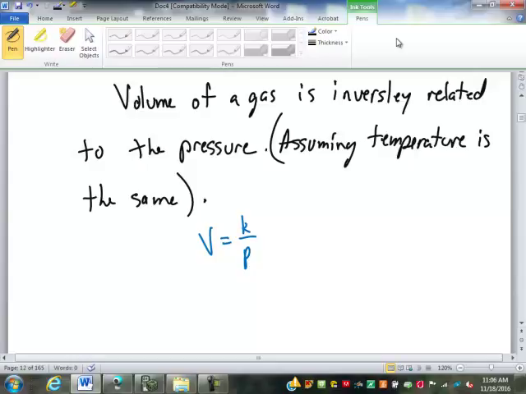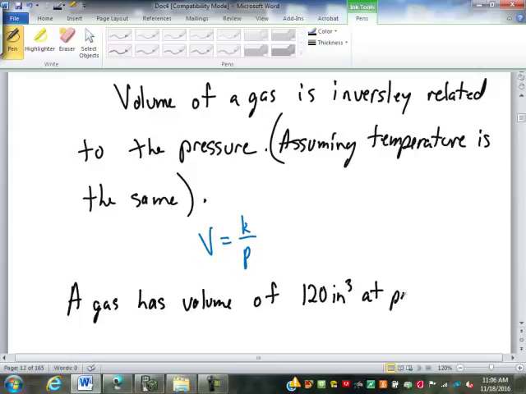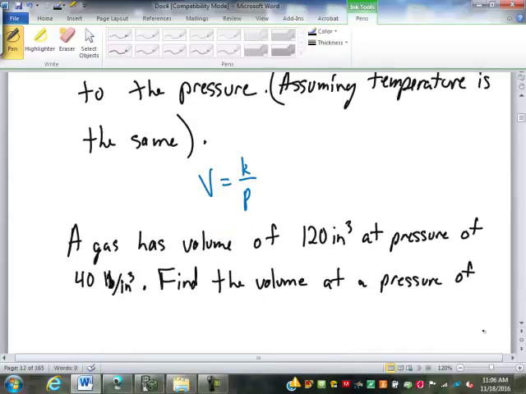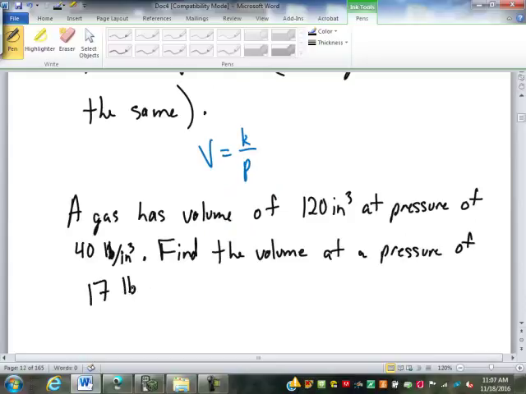We might just be told a gas has a volume of 120 cubic inches at a pressure of 40 pounds per square inch.